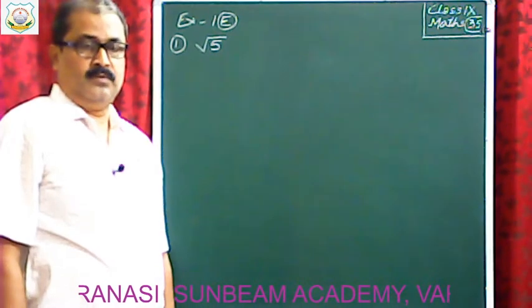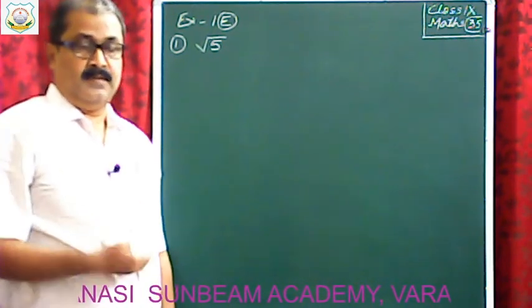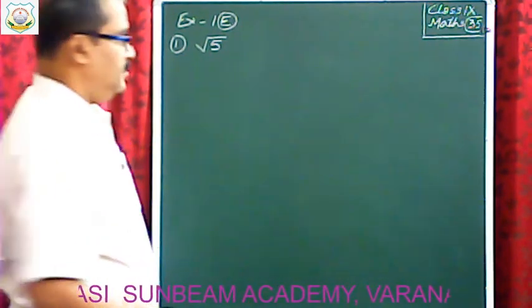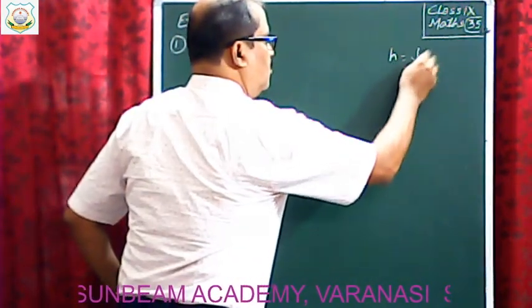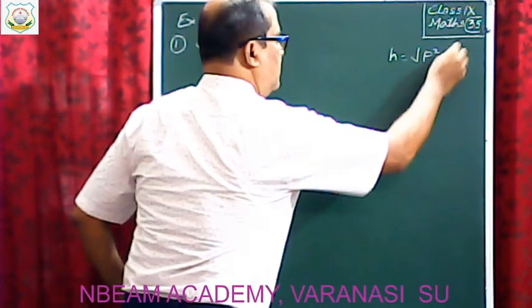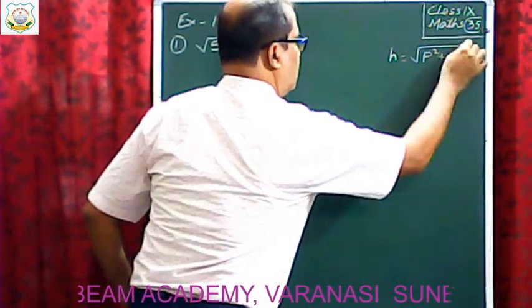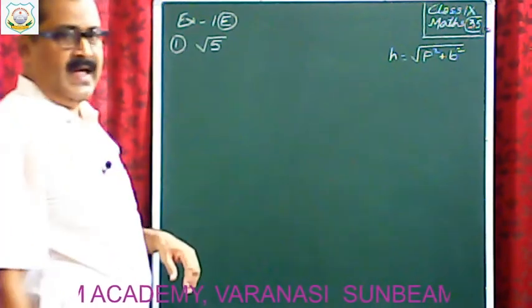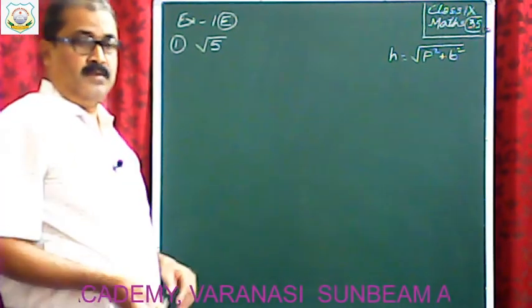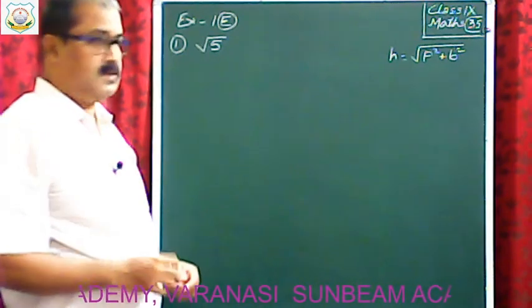First of all, you have to express the given number using the Pythagoras theorem. Everybody knows Pythagoras theorem: H equals square root of p square plus b square. We have to express square root 5 as the square root of the sum of the squares of two numbers.